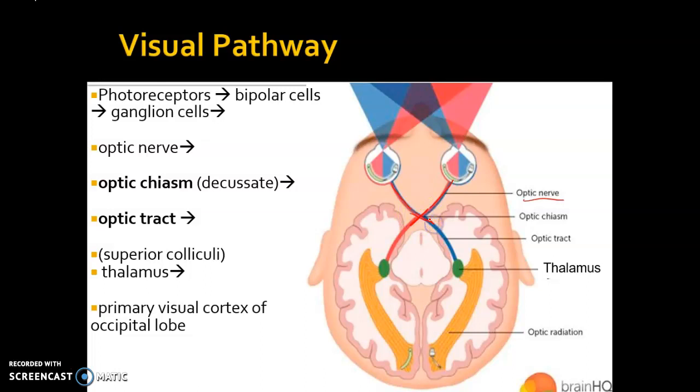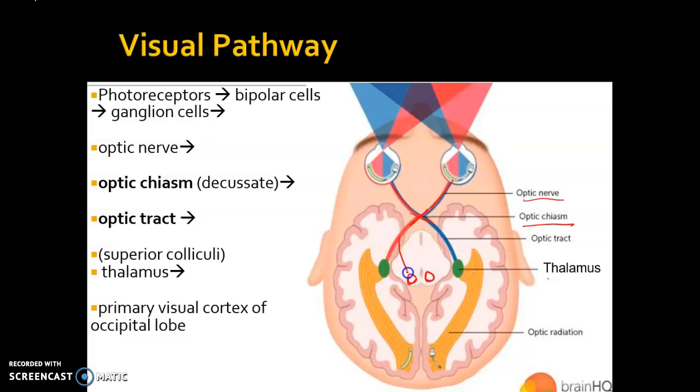Do you see this point? This is called the optic chiasm. And then it enters the brain as the optic tract. Do you remember the definition of tract? Group of axons within the central nervous system. So the optic nerves crisscross at the optic chiasm and then enter the brain as the optic tract. Then some axons go to the superior colliculi of the mesencephalon, which are right here.